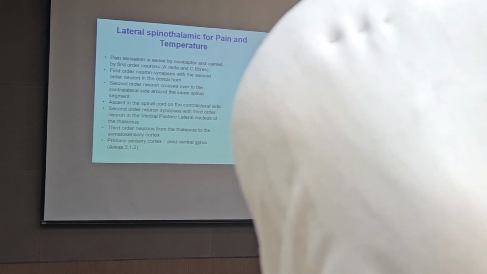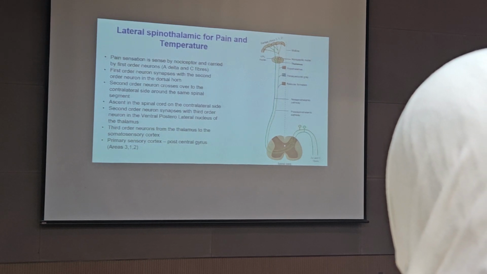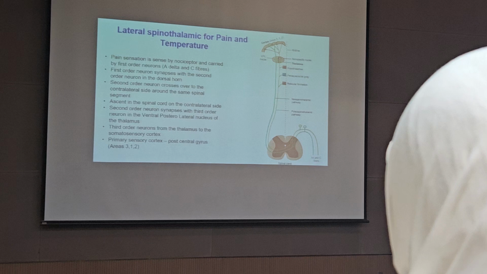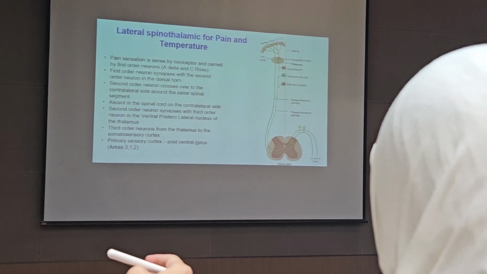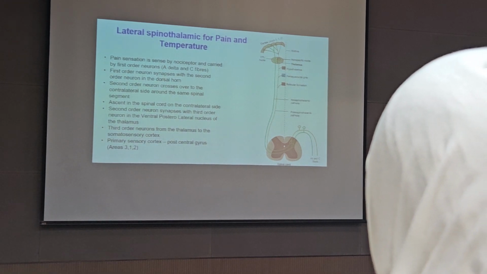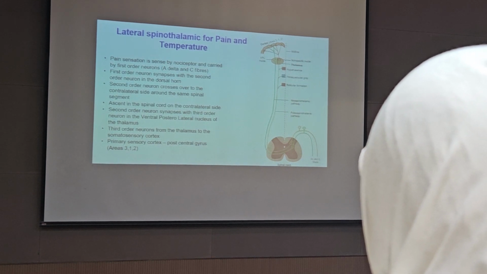Okay, so next you see, you give stimulus or maybe internal organ stimulus. You have pain like stomach pain. Okay, it's carried by receptor. We have nociceptors. Okay, even though we have a lesser number of nociceptors, they can still feel. That is carried by unmyelinated C fiber, first order neuron, synapse second order neuron. Then decussate, contralaterally ascend.